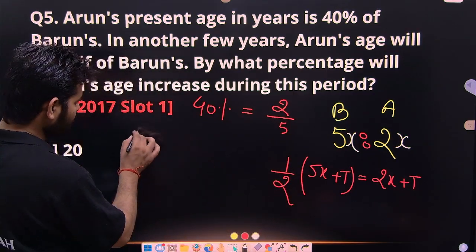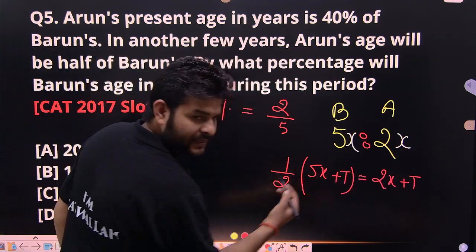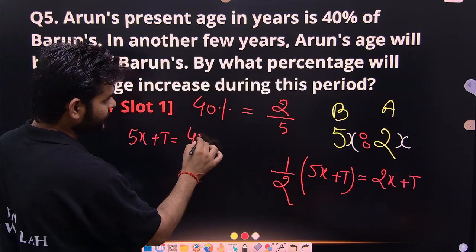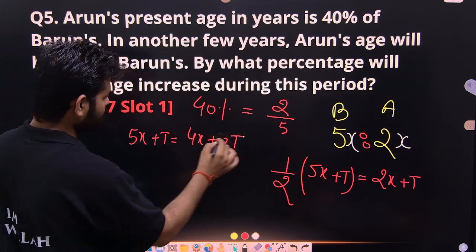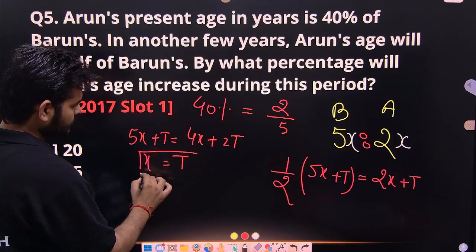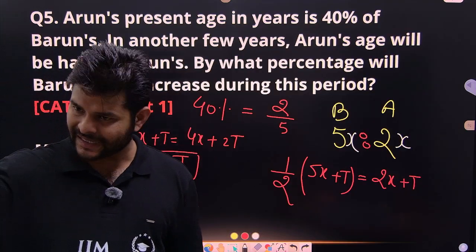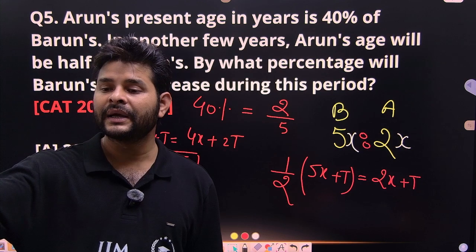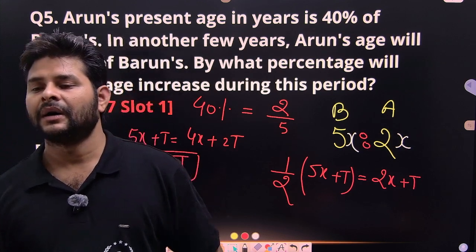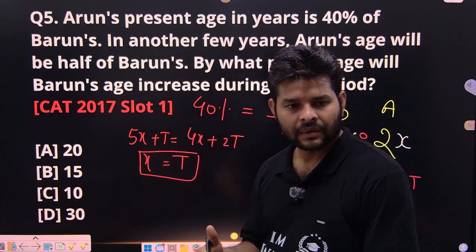If you solve, you multiply 5x plus t by the half here, and you will get 4x plus 2t equals 5x plus t, and from here you will get x equal to t. So just after x years, Arun's age would be just half of Barun's.